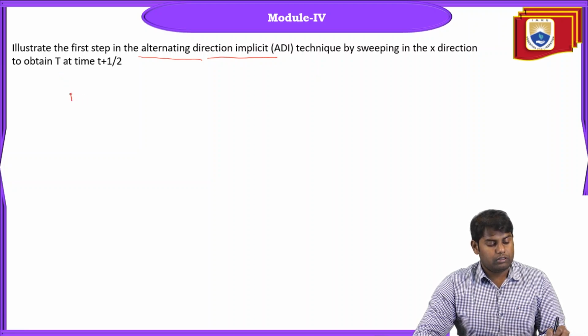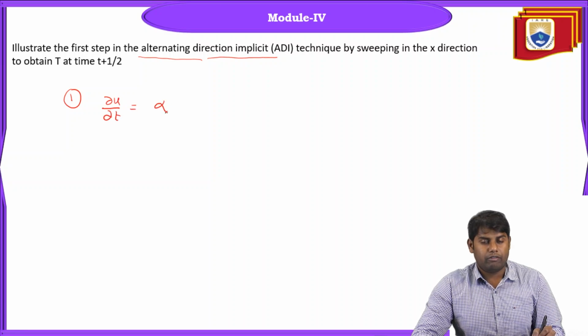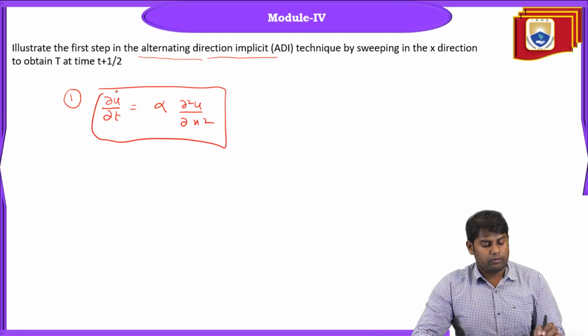So let us see what happens when you take 1D. Dou u by dou t is equal to alpha into dou square u by dou x square. So this is 1D.